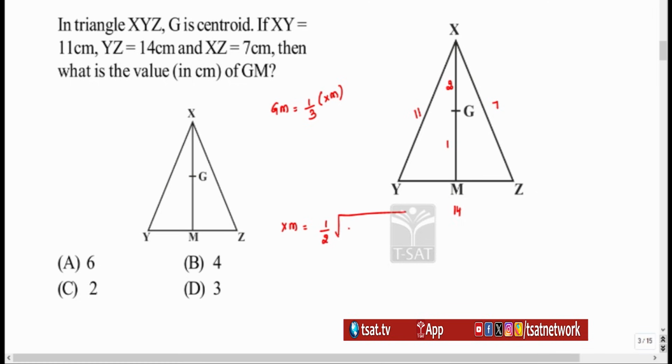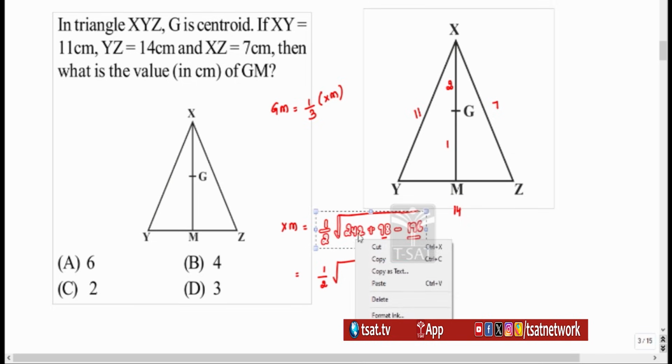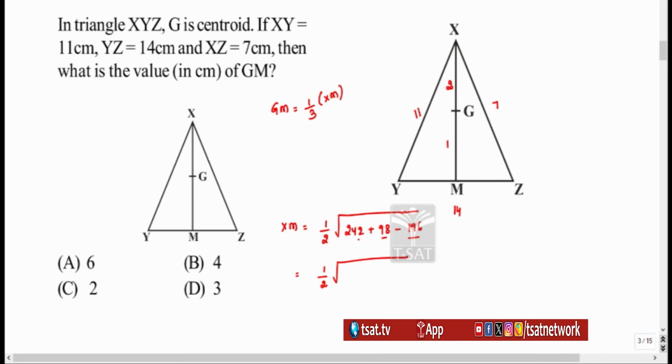the square root of 2 into 11 square, that is 242, plus 2 into 7 square, that is 98, 2 into 49, minus 14 square, 196. So 242 plus 98 is 340, minus 196, it will be 144.